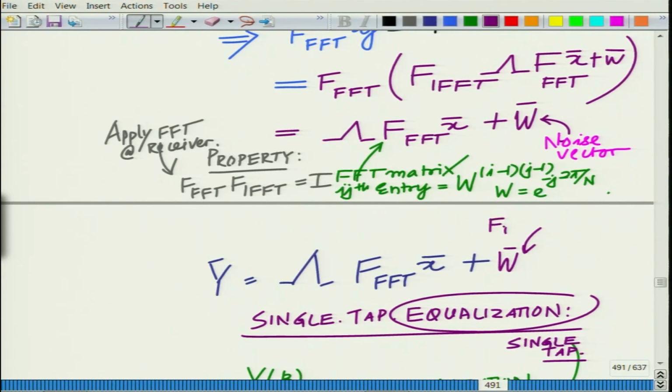So, this is F FFT times the small w bar, your output noise, the output of the FFT.